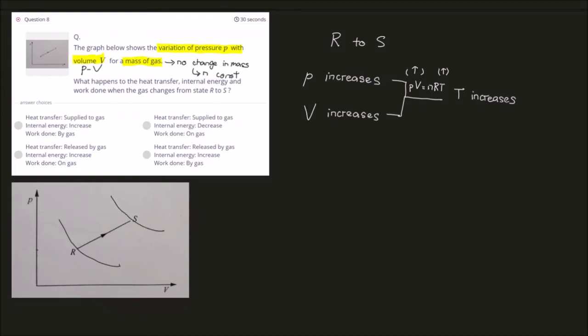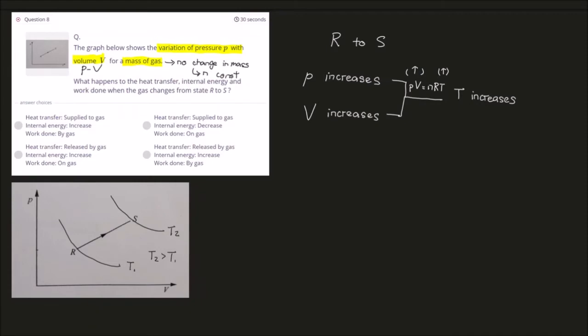For the isotherms T1 and T2, because T2 is situated higher in the graph, the temperature should be higher as well. So the temperature actually does increase. You can look at it graphically, or through the formula PV equals nRT.